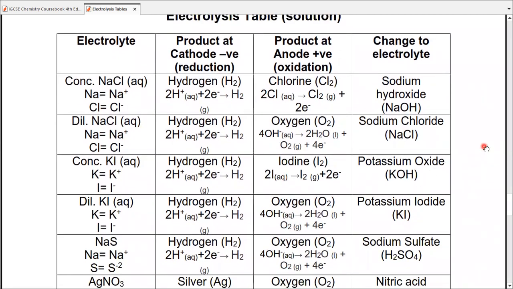Okay. Silver nitrate, AgNO3. This is the first time we have a silver salt. And this is the first time we're dealing with nitrate polyatomic ions. Now the products are already written in front of you. My question is, why are we getting the products that are written over here? Let's start with the cathode first. Why are we getting silver at the cathode and not hydrogen?